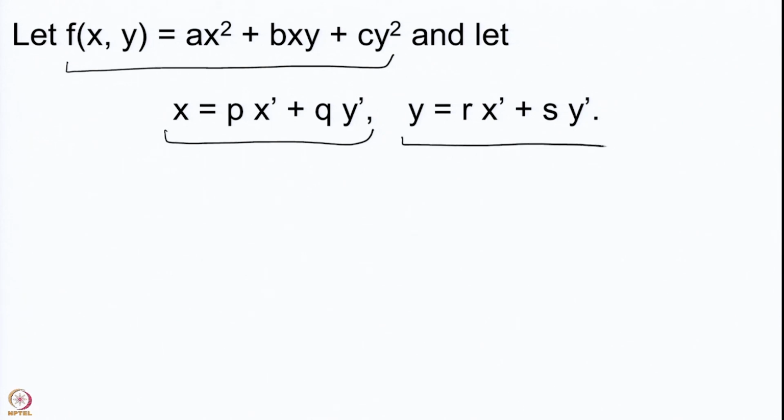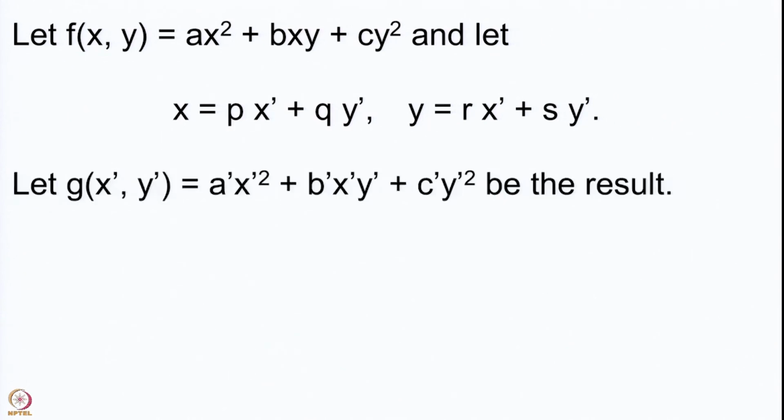We change x to px prime plus qy prime, and y goes to rx prime plus sy prime. So, we will get a different integral binary quadratic form. We call it g.